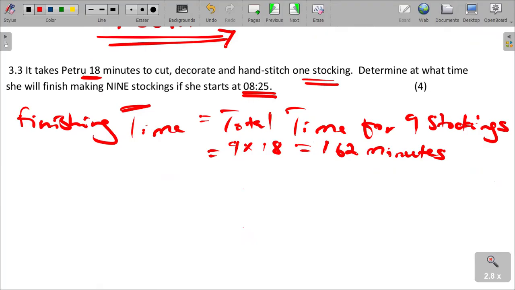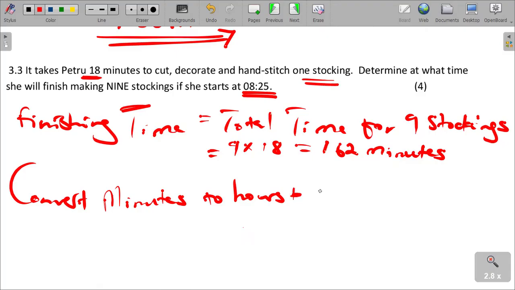So we want to convert the total minutes to hours and minutes. We need to convert the minutes that we have calculated to hours and minutes.